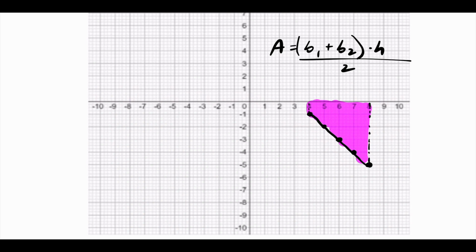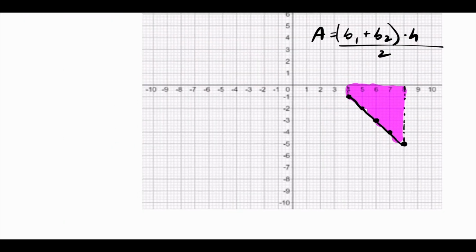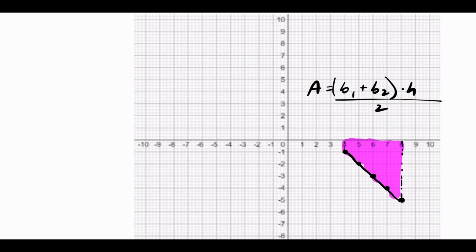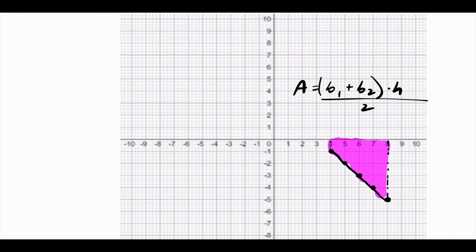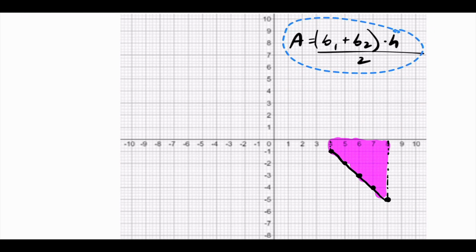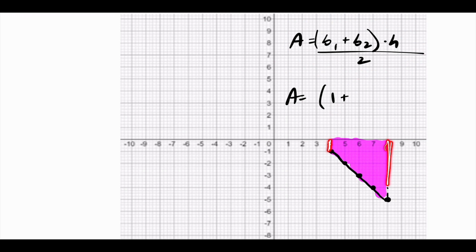If you do it correctly, you're going to get, let's see, I'll use the base of trapezoid. So we get area equals base 1. I'll use base 1 as the smaller, so that's 1. The longer base, base 2, was that 5?